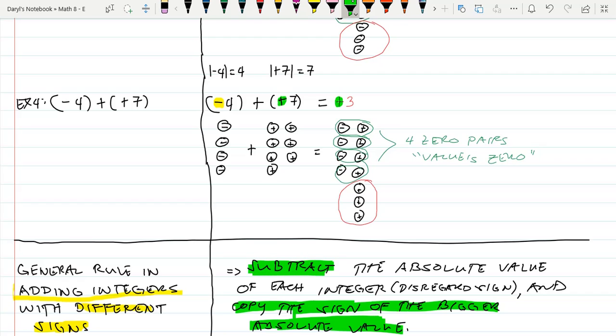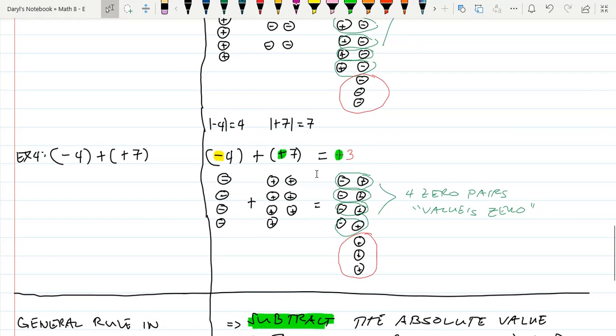That's the meaning of getting the absolute value. So it's just like in the case as shown above. And you copy the sign of the bigger absolute value. So in this case, it's positive 7. Absolute value of positive 7 is 7. So the bigger value is 7 compared to 4. So that's why you have positive 3.